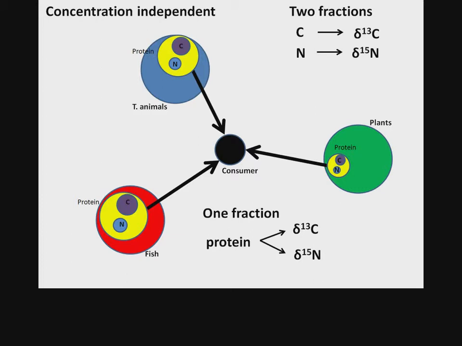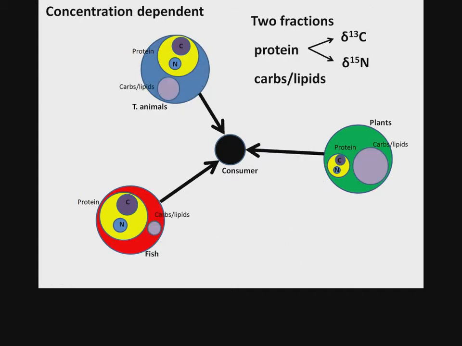So let's no longer have as our question the protein source, but the contribution of the foods as a whole towards our consumer. This becomes a concentration-dependent model in which one has to consider the concentration of the protein within each food group. And this protein determines our carbon and nitrogen isotopic signals in the consumer. But one could consider additional fractions, for example, carbohydrates or lipids within each food group.